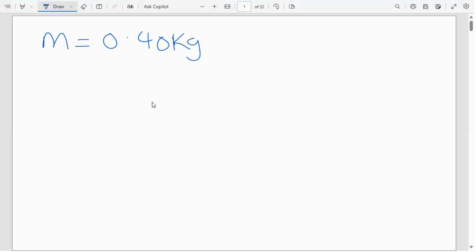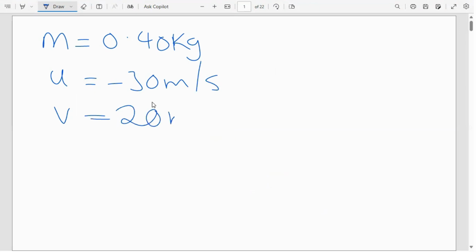Then we've also been given u, the initial velocity, of negative 30 meters per second. We have the final velocity of 20 meters per second. And we've been asked to calculate the impulse for the net force after collision with the wall.